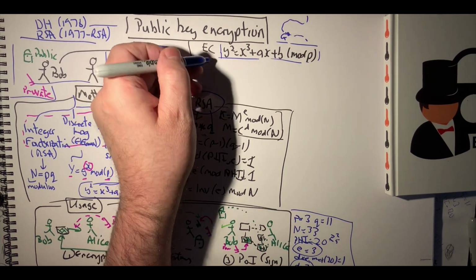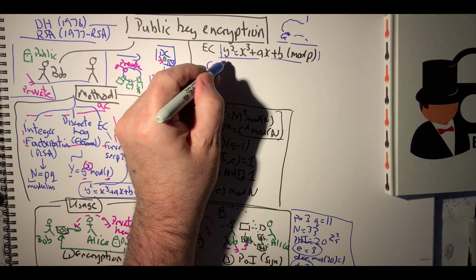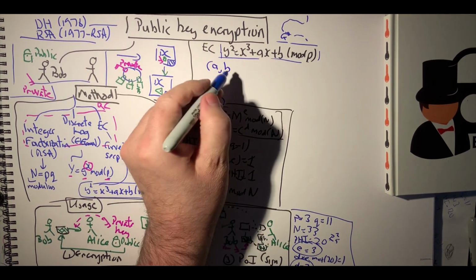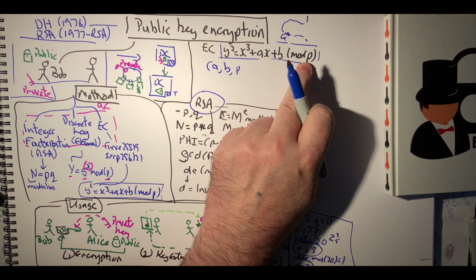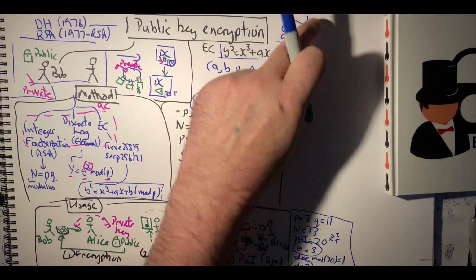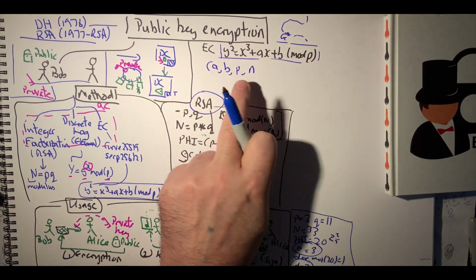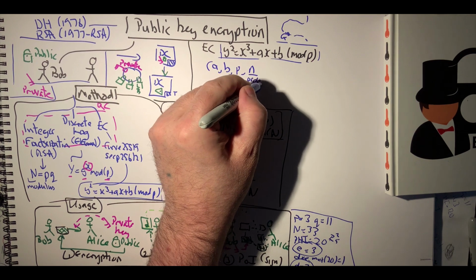So the elliptic curve itself has basic parameters a, b, p, the prime number, and n, which is the number of points that we can have on the elliptic curve, called the order.